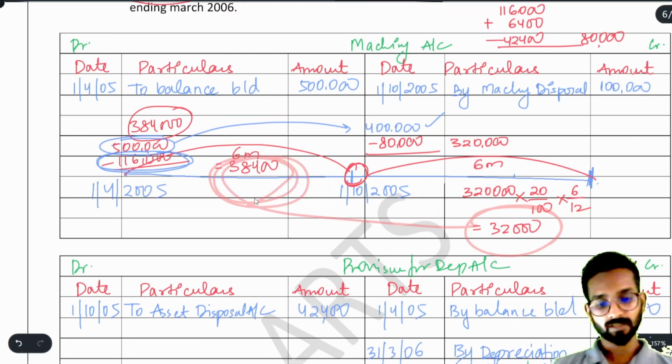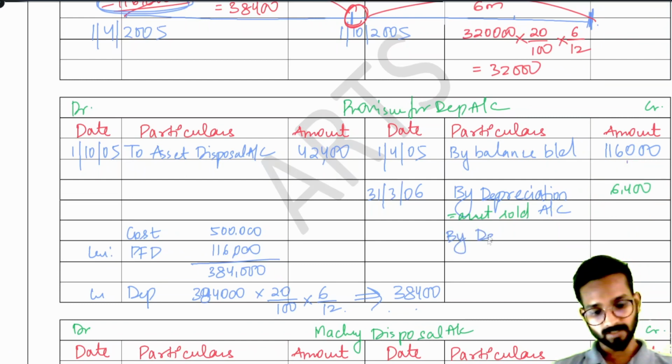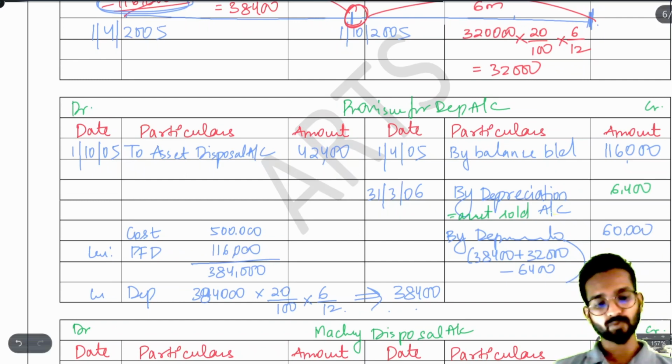But this is the total depreciation. Out of the total depreciation, we have already charged here 6,400 for the asset we have sold. So here you will write by depreciation 38,400 plus 32,000, which is the total depreciation, minus 6,400. That will give you 60,000. This is how we are supposed to write this depreciation.